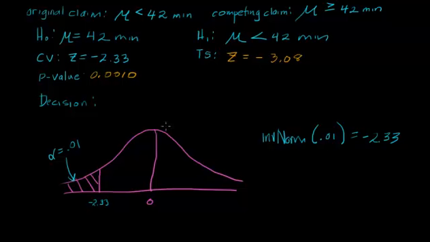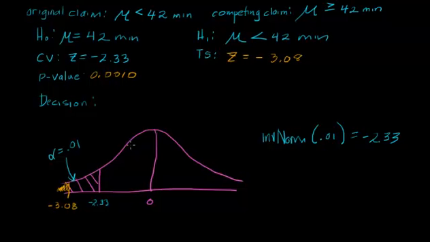Negative 3.08 will be out here somewhere. And the p-value, of course, is the area associated with the test statistic, so it's this little bit of area right here.